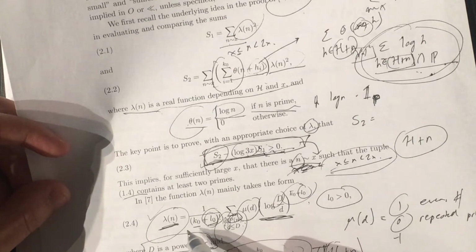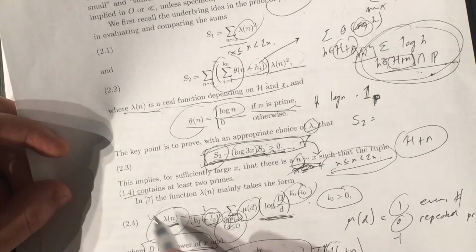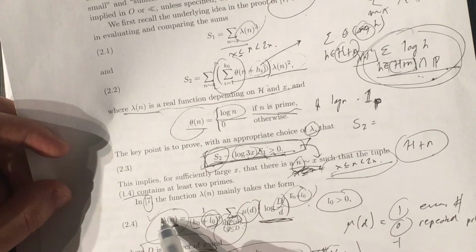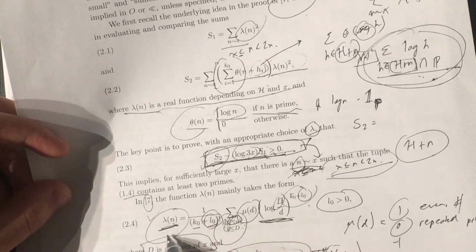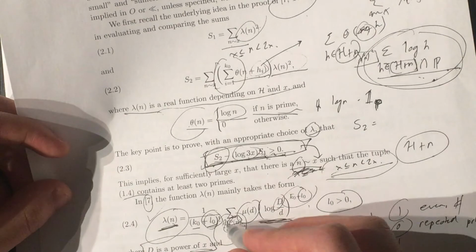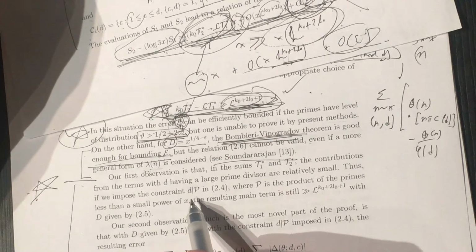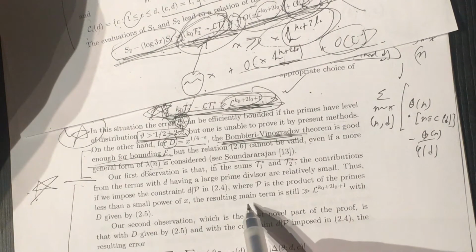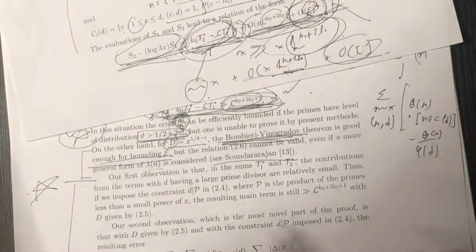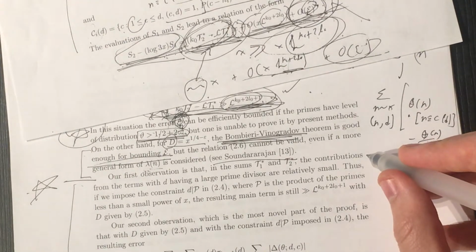Here's 2.4, it's just where they make this choice of lambda, and this is, I think, motivated by reference 7. If I remember correctly, this is the GPY sieve in this form. And so here's d dividing P of n. When we impose the constraint that d divides P, where P is the product of the primes less than a small power of x, okay, I need to unpack what this first paragraph is saying.